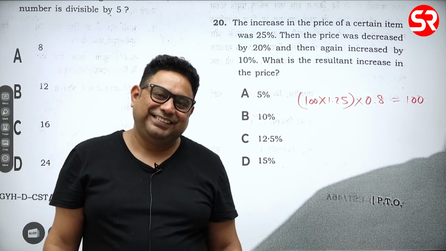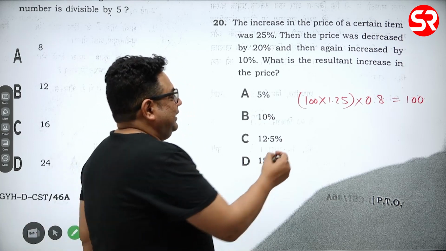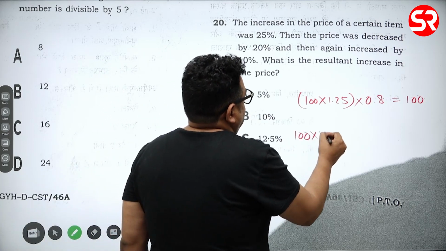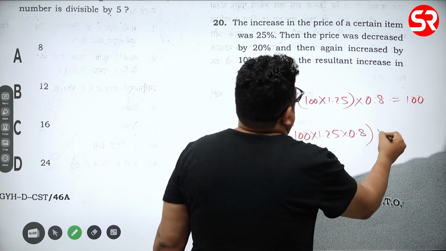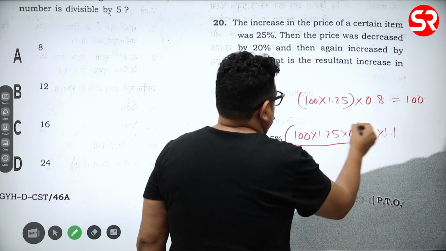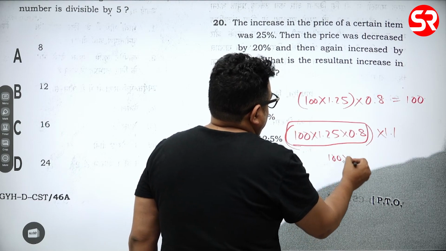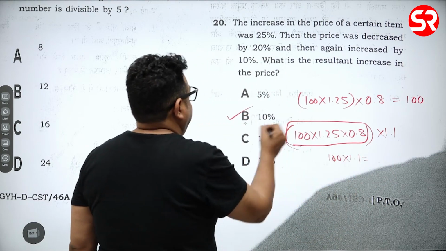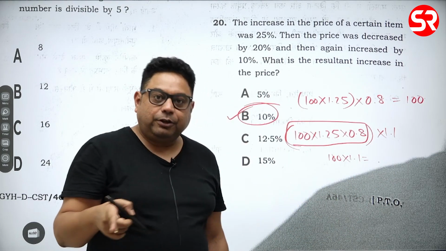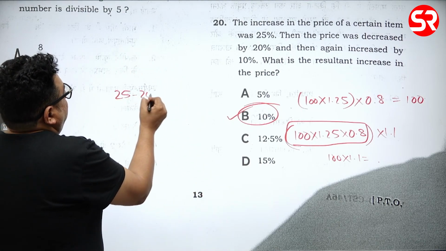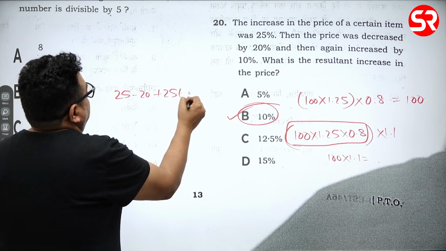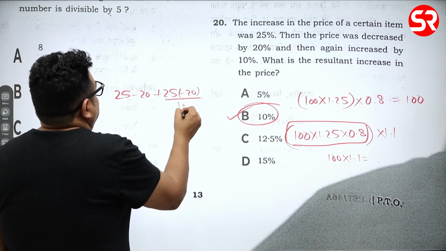Again 100, right? So basic thing should be increase, decrease, and then there is 10% increase. But this portion is giving you the number back into 1.1, definitely 10% increase only. If we are formula centric, we have done the formula: increase 25, decrease minus 20, 25 into minus 20 by 100.